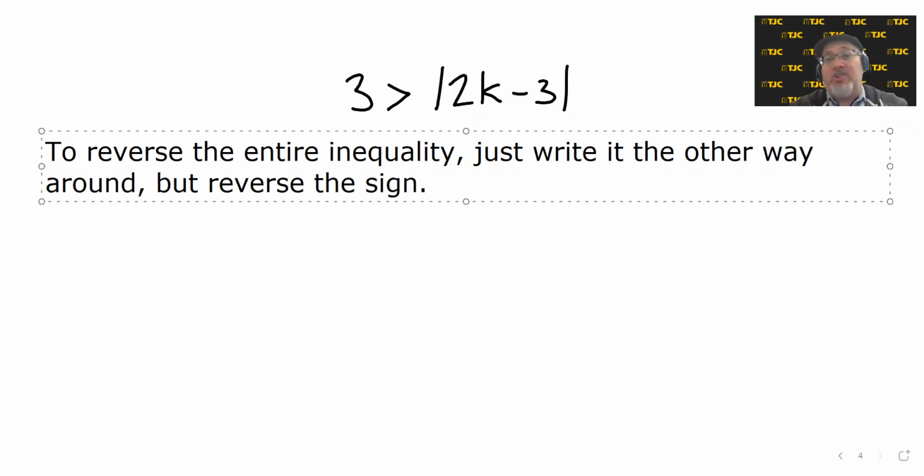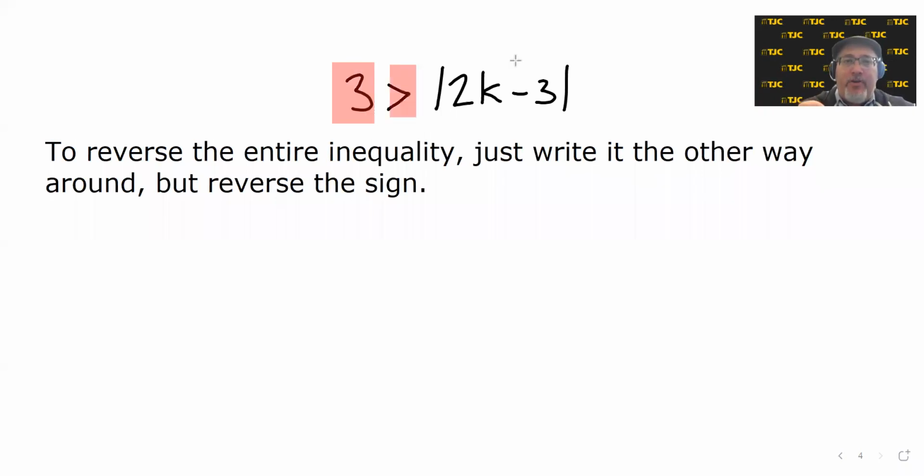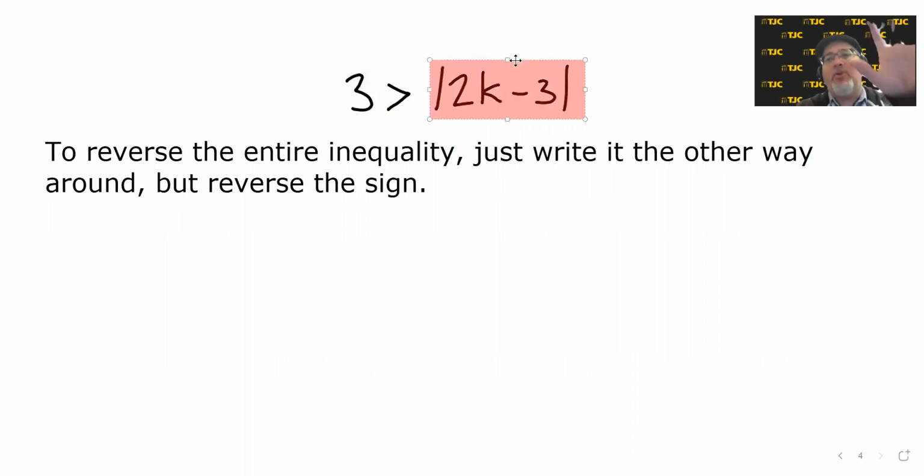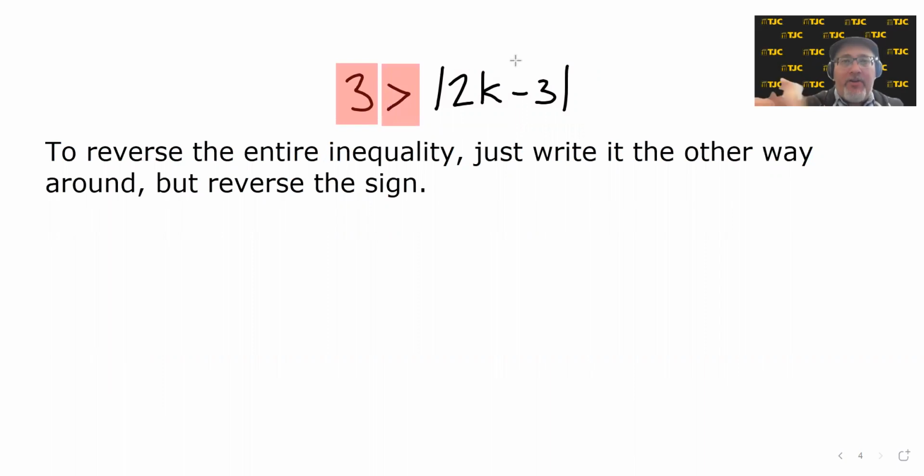In other words, we're going to change it to a less than problem. And this is pretty easy to justify because if you were to write this out in words, it would say 3 is bigger than this, or 3 is greater than this. But if you want to rewrite it so that the expression in the absolute value begins the sentence as the subject of the sentence, then saying that 3 is greater than this is the same as saying that this is less than 3.